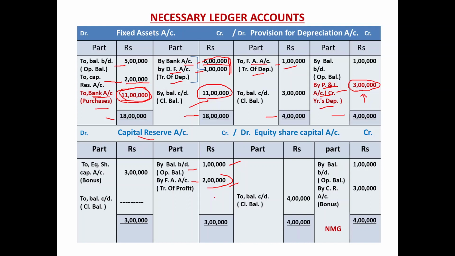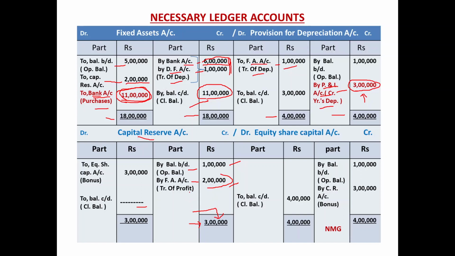And then the instruction is that the company has given fully paid up bonus shares to its equity shareholders from capital reserve account. Now the total available amount in this account is 3 lakh versus no closing balance. There is no closing balance. What does it mean? It means the entire available balance of rupees 3 lakh has been utilized to give fully paid up bonus shares to equity shareholders.